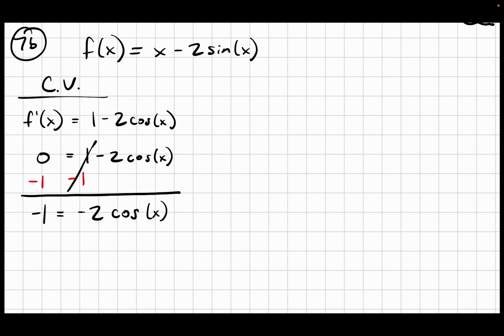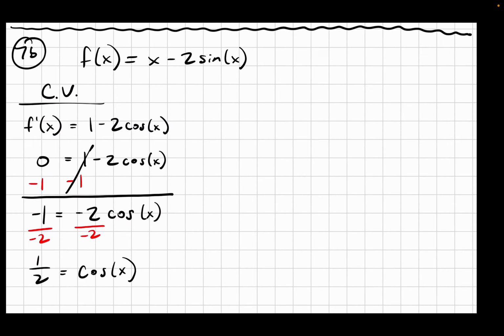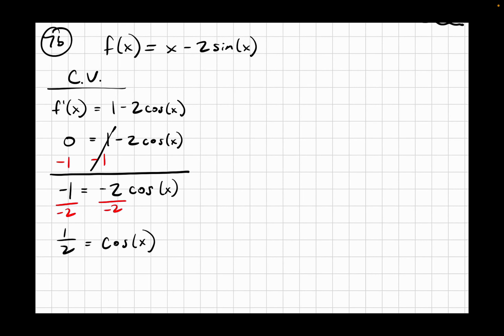Next, divide by -2. That's as far as you can solve because you can't separate the cosine from the x, since the x is the angle. But what you can do is answer it.